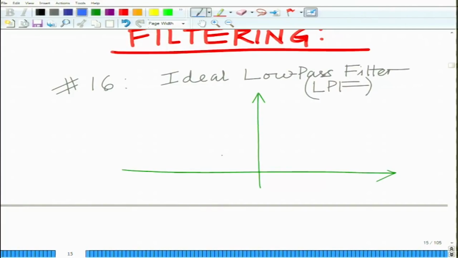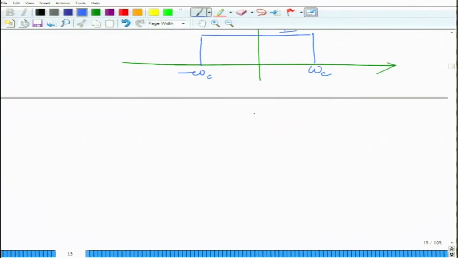I have a cutoff frequency omega c, and the response H of omega equals 1 for magnitude of omega less than omega c, and H of omega equals 0 otherwise. This is an ideal LPF response.